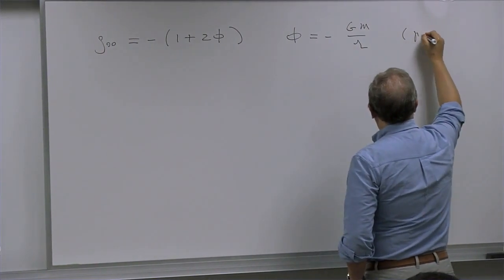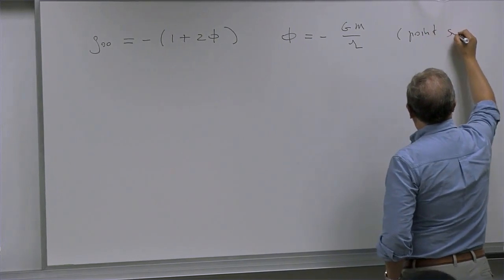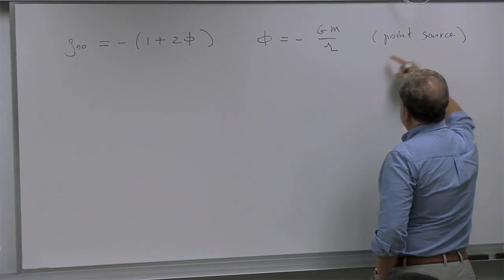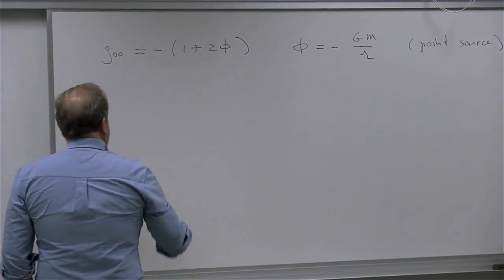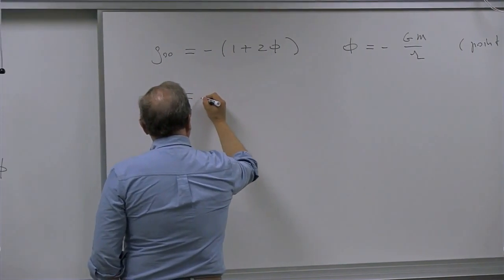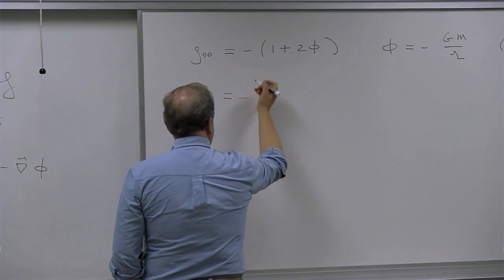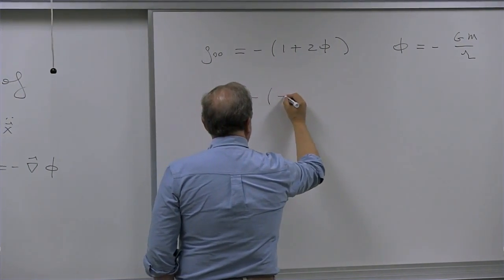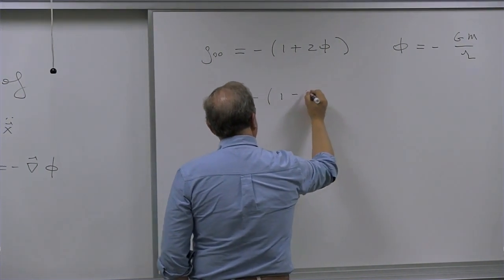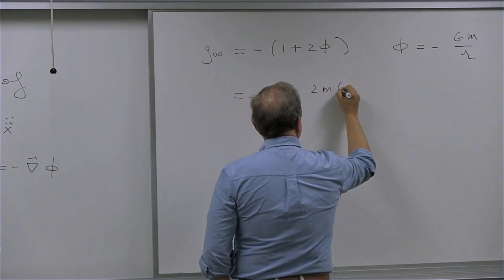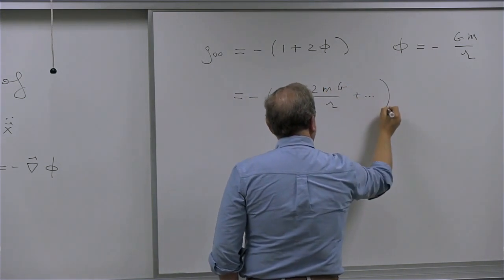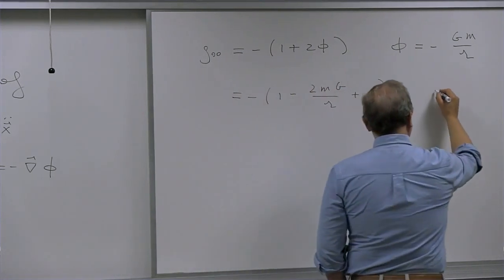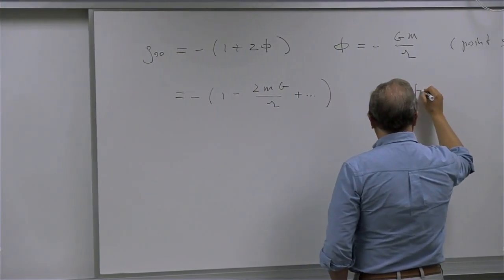So if we have a point source, then minus g naught naught is equal to 1 minus 2MG divided by r, plus possibly dot, dot, dot, because this was obtained in the weak field limit.